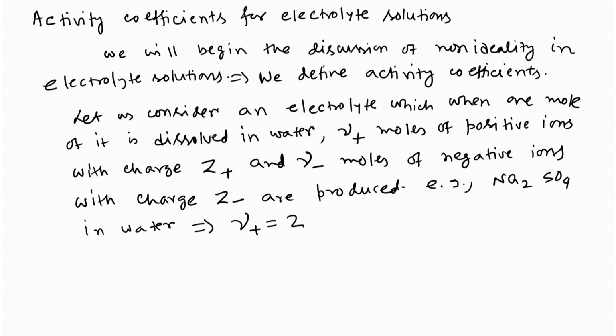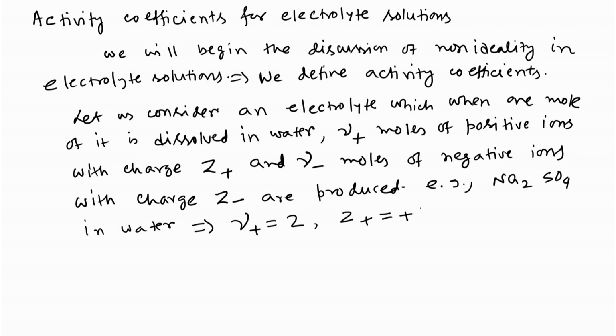We have nu plus equals 2: we get 2 sodium ions, and the charge of each sodium ion is plus 1. And we get 1 SO4 2 minus ion, so nu minus is 1 and the charge of the anion is minus 2.